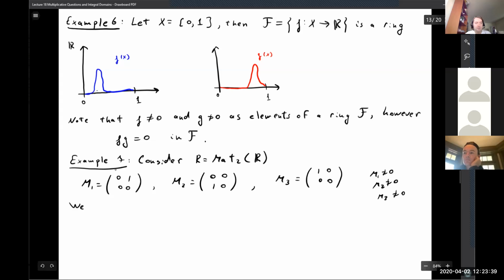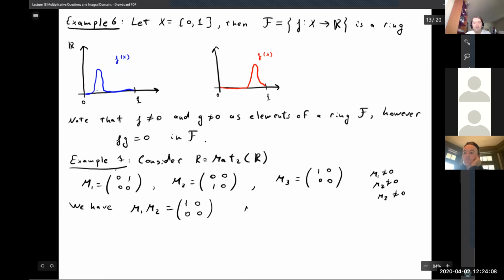What do we have? Let's look, for example, at M1 M2. On the first entry, we will get 1. On the second entry, 0. On the third entry, 0. And on the last entry, 0.